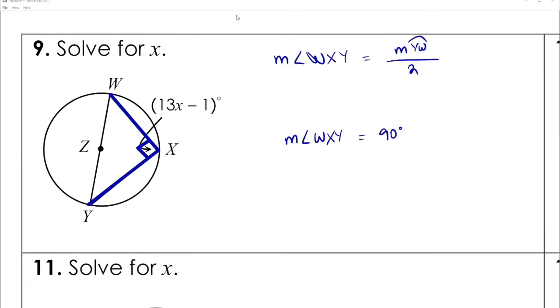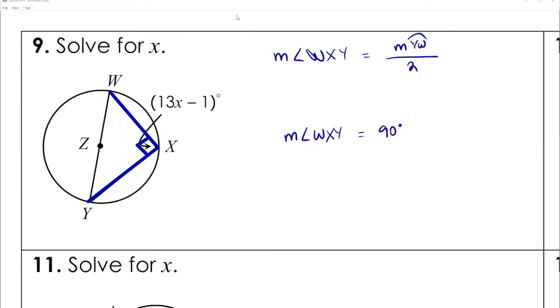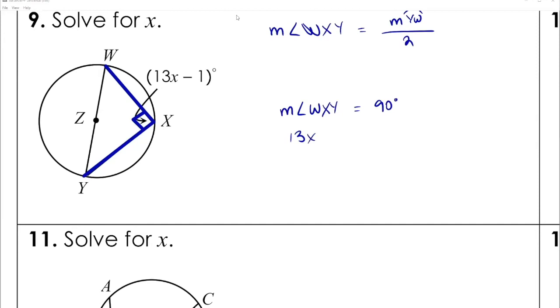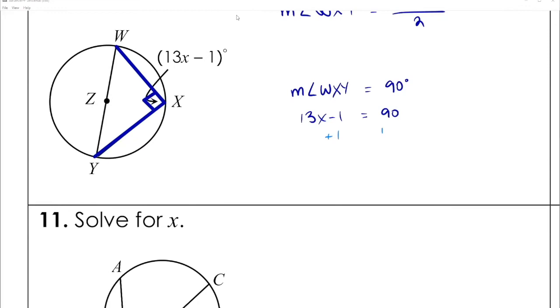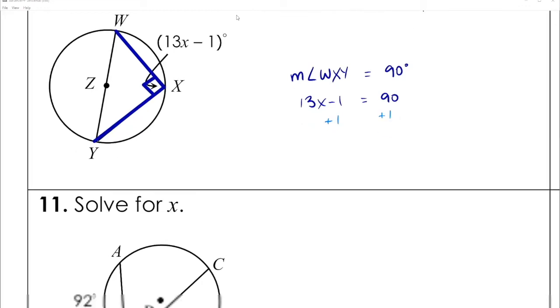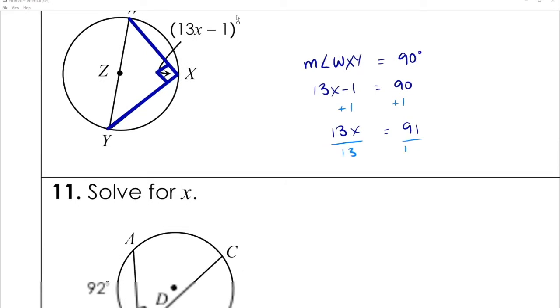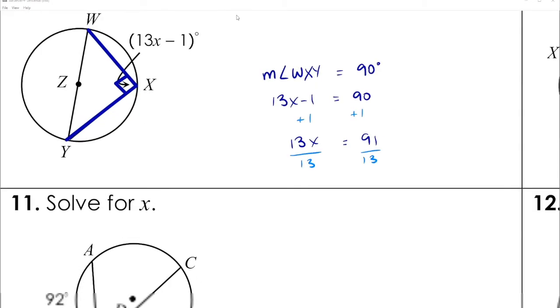So there's a couple of options to go about it. If you don't immediately recognize that that angle itself is 90, that's fine. You can still do it the other way. Okay, so we got 13x minus 1 equals 90. Add 1 to both sides. 13x equals 91. Divide both sides by 13. So we know x to be 7.